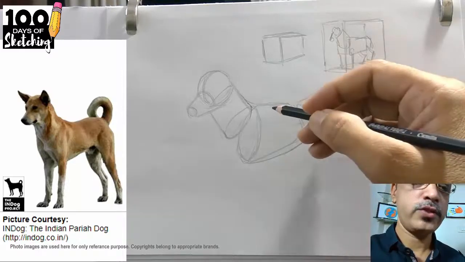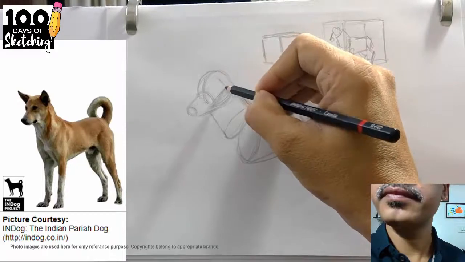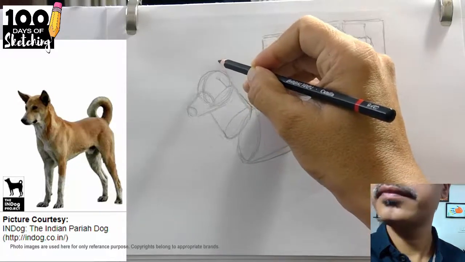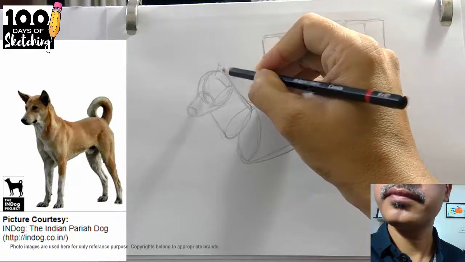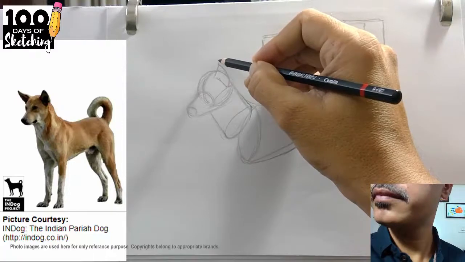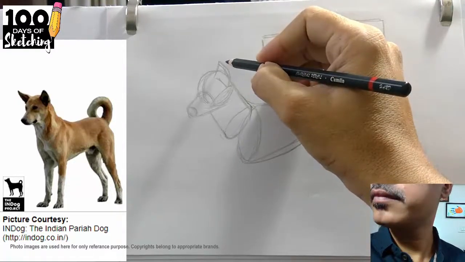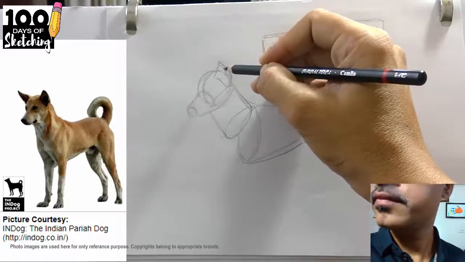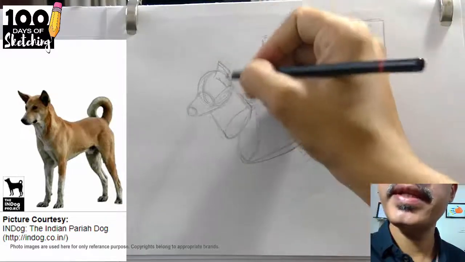Now we come back to this one, the ears. It is a little folded or pointed toward this direction.